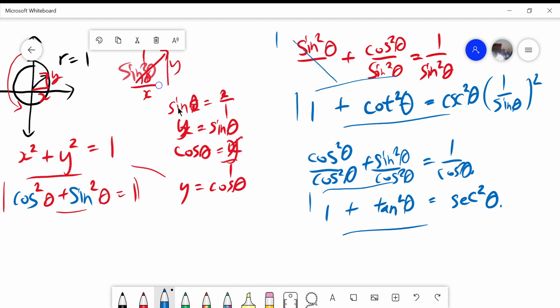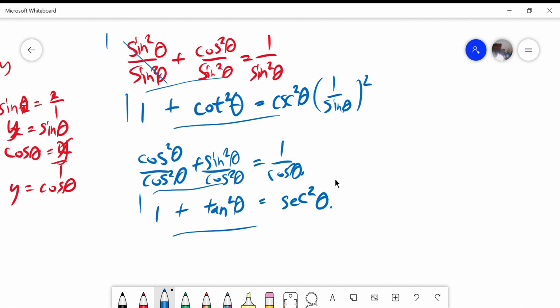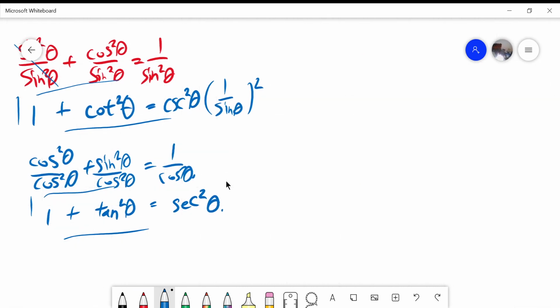So in summary, we learned sine squared theta plus cosine squared theta equals 1. Let's use a different variable, x, but really it's the same thing.